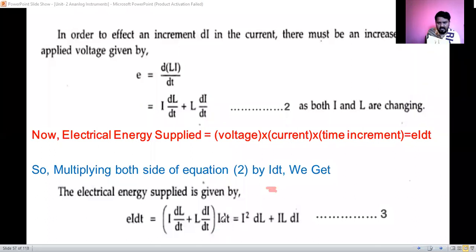Here I is there, and here I is there, so it will become I into I, which is I square, into dL by dt into dt. Here dt gets cancelled.